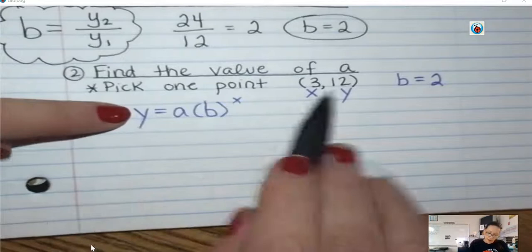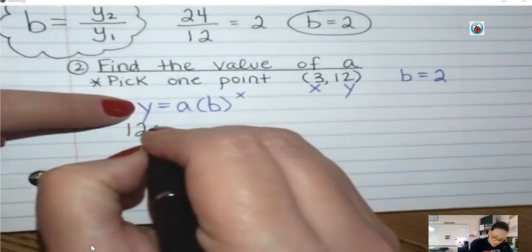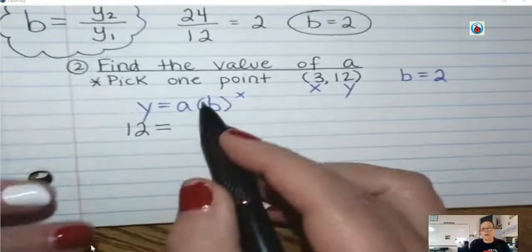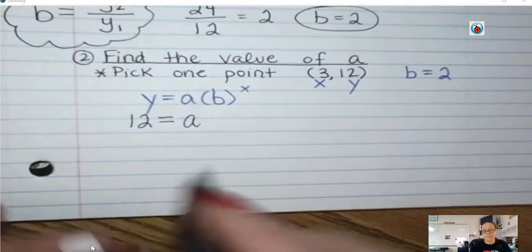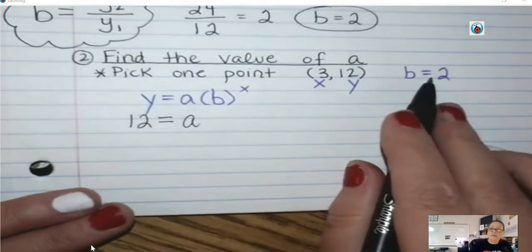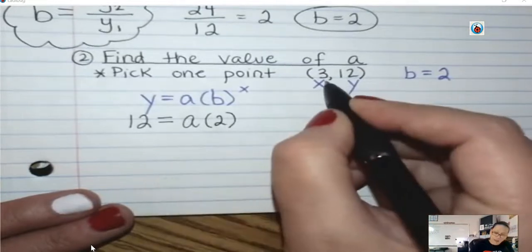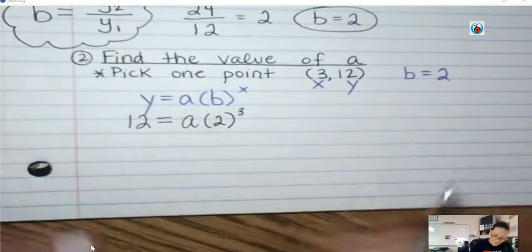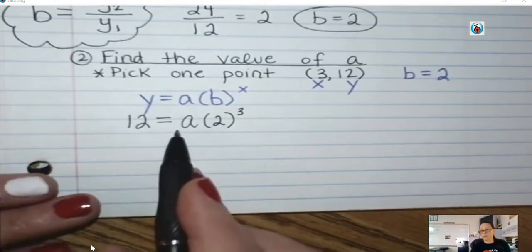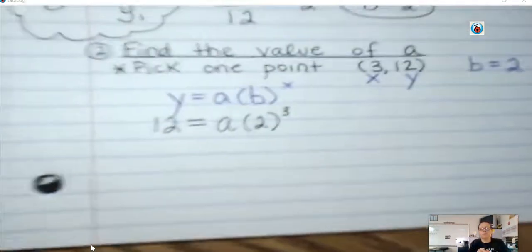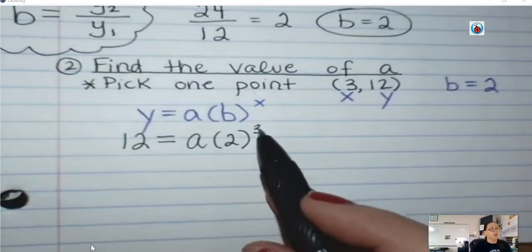Okay, so y, right here, y is the number 12. A, I don't know what a is, so just bring down a. That's what I'm going to try and solve for. The b, I already found that out in the last part. That's a 2. And the x is 3. So now I'm just going to solve this to figure out what a stands for. So I'm going to do exponents first. 2 cubed. 2 times 2 times 2.